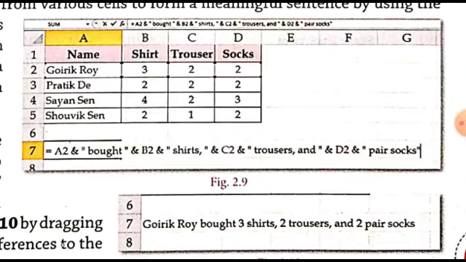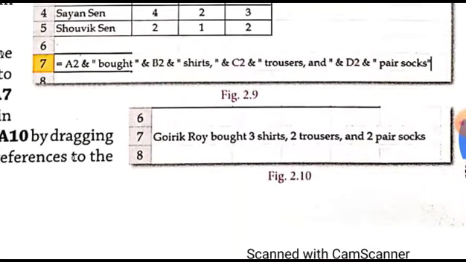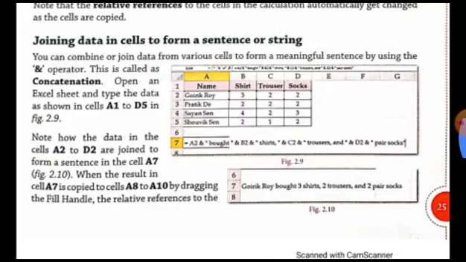You can see the complete sentence here: Gonik Roy bought 3 shirts, 2 trousers and 2 pair socks. In this way the content of the four cells has been joined with other strings to form a meaningful sentence. I hope it is clear to all of you now.